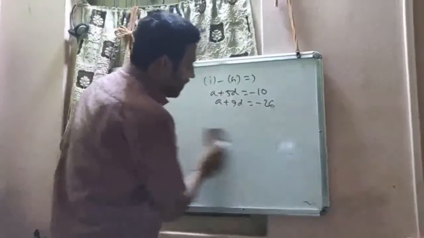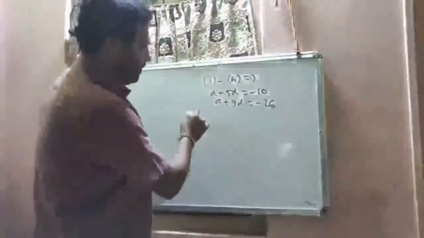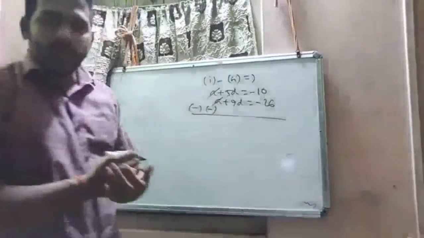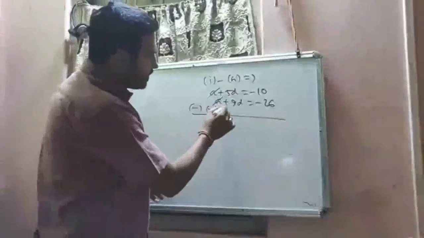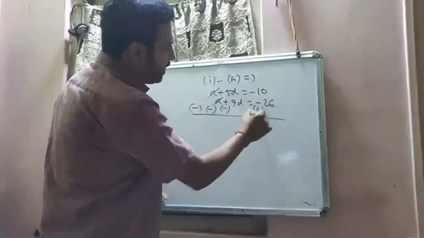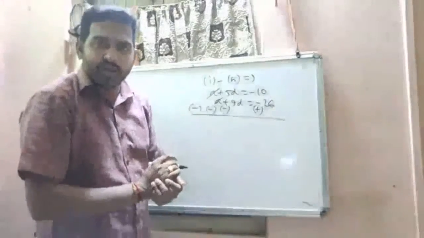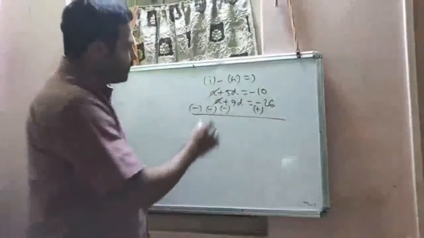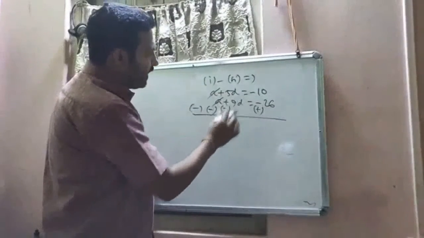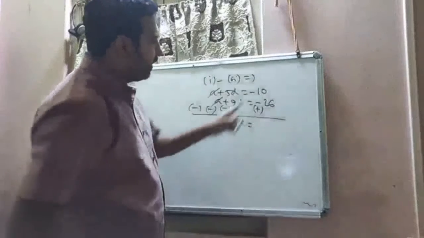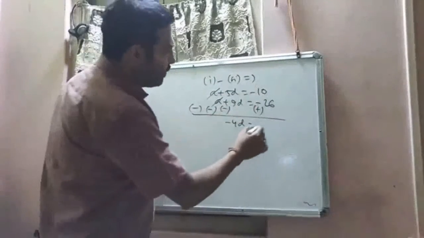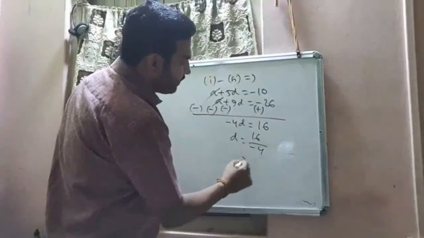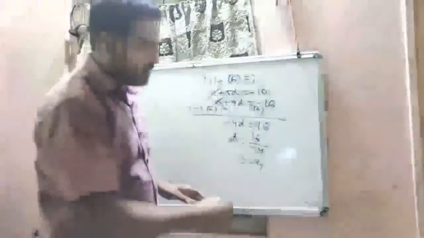Let me subtract equation 2 from equation 1. After subtraction, A will be cancelled, plus will turn into negative, minus will turn into positive, because we are multiplying the second equation by a negative sign. So 5D minus 9D is going to be minus 4D, minus 10 plus 26 is going to be 16. So D is going to be 16 by minus 4. Minus 4 is the answer.